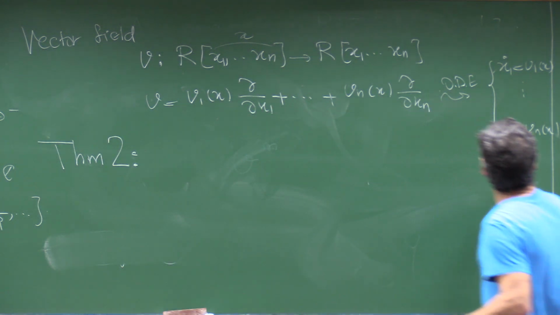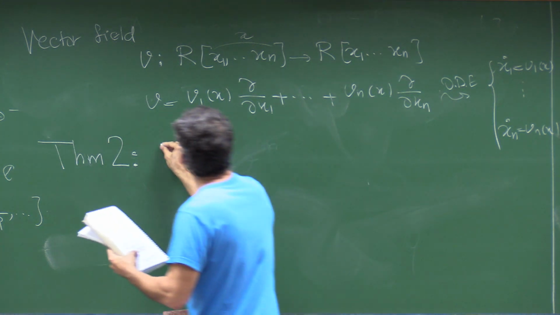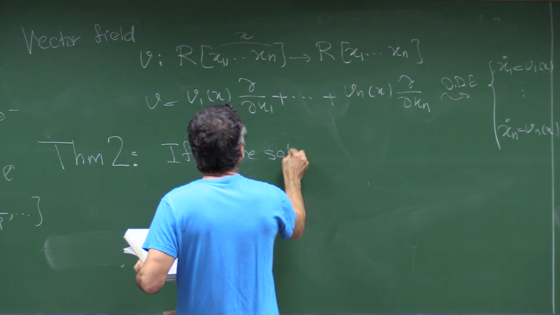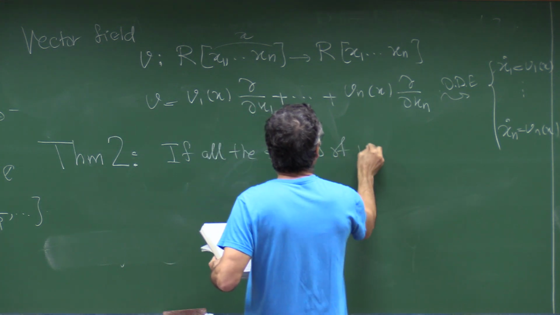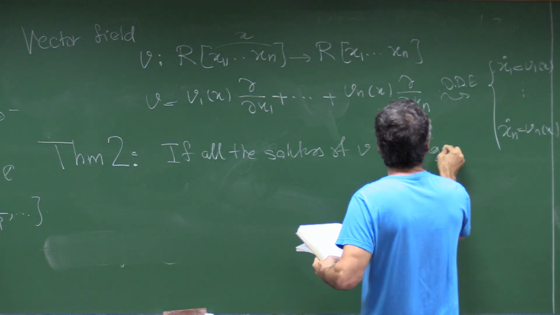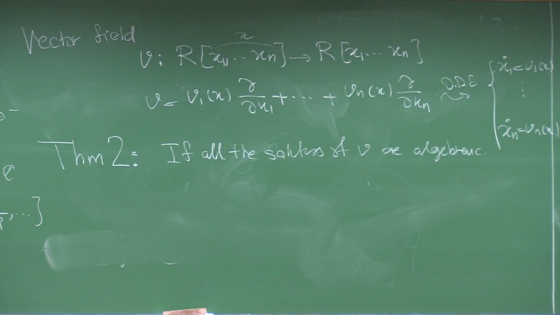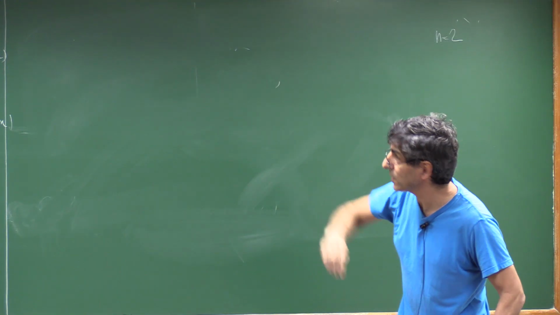So again, if all the solutions of it are algebraic, but let me say briefly what this means. Maybe very fast, take n equal to 2 to make it easier.